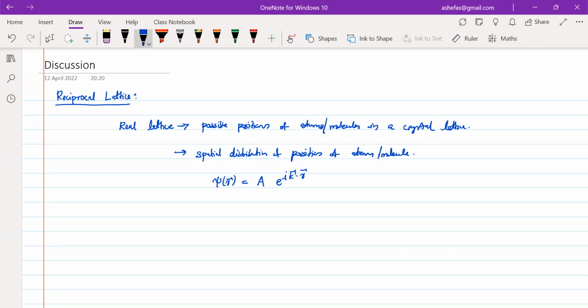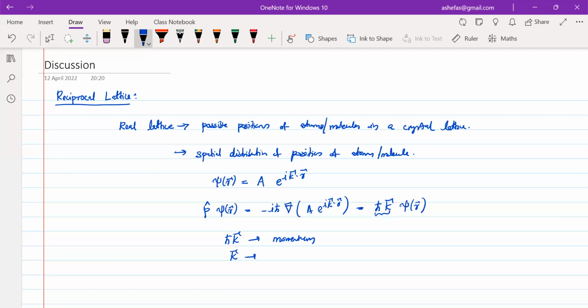Then the momentum operator acting on psi of r gives minus i h cross del acting on a times e raised to i k dot r, and obviously this gives h cross k times psi of r. So this h cross k is nothing but the momentum, and k is called the wave vector.